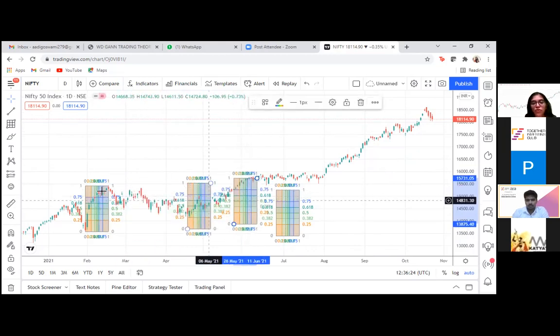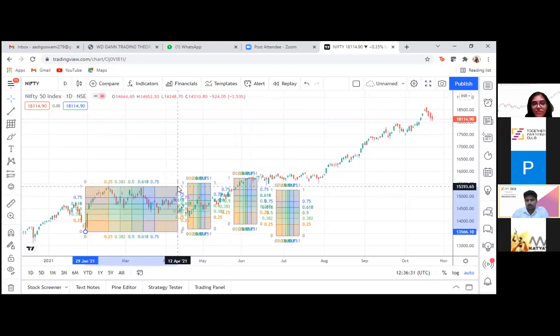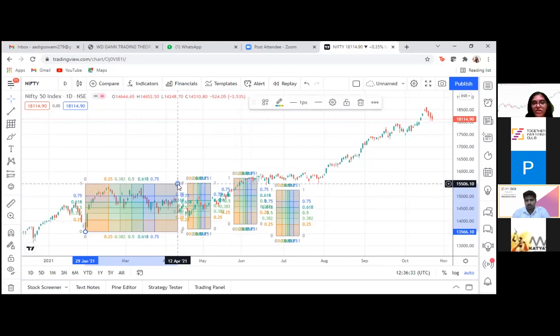So say for example I need to find resistance here, so I will put the 0.25 on the swing high and then clone this.